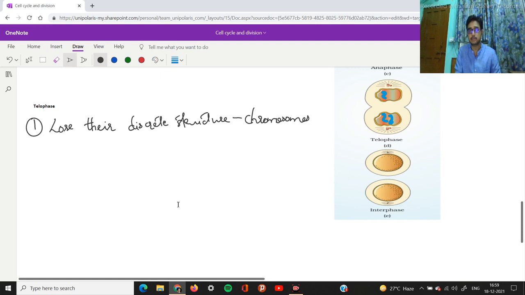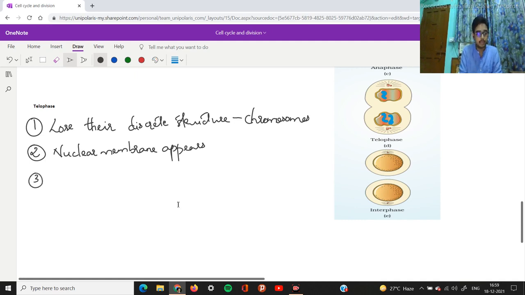You won't see a proper structure here. Number two, the nuclear membrane starts appearing again. See, this is the nuclear membrane around it.